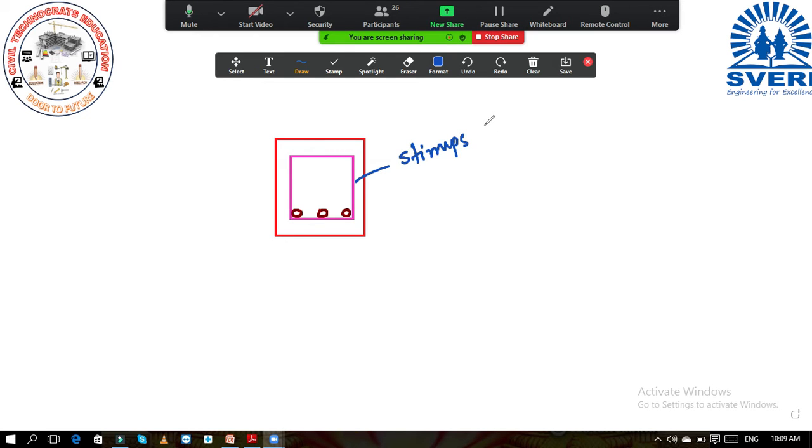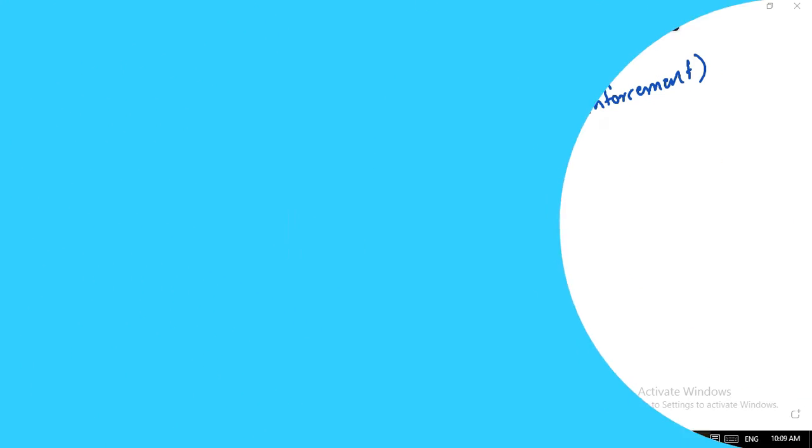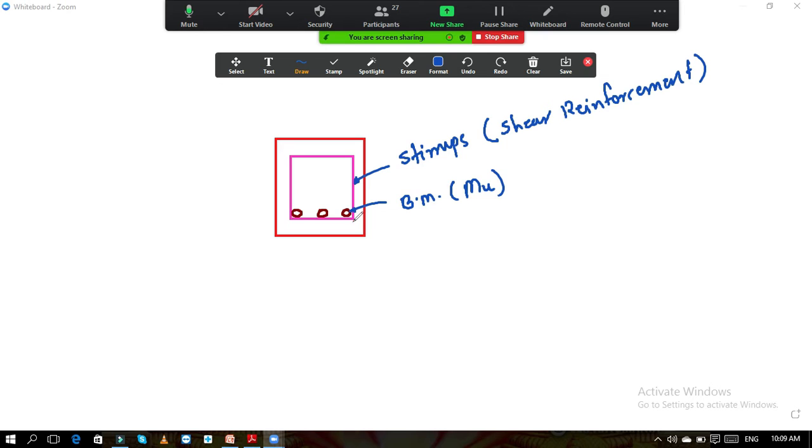The stirrups are provided for shear reinforcement. We always provide the stirrups for shear reinforcement, and these are the bars which we provide normally for bending moment, depending upon the Mu.